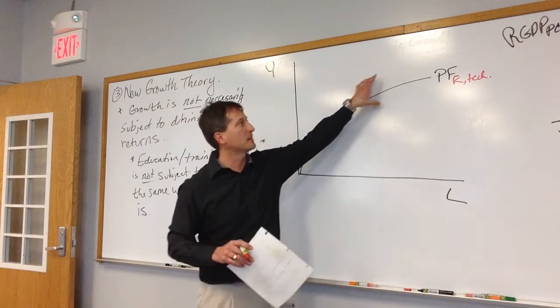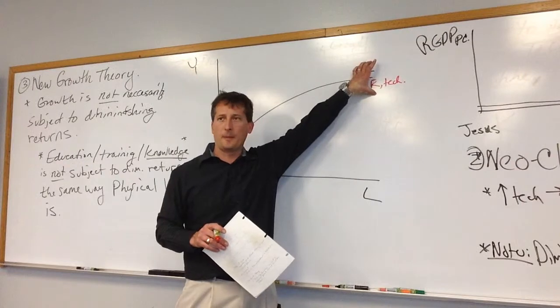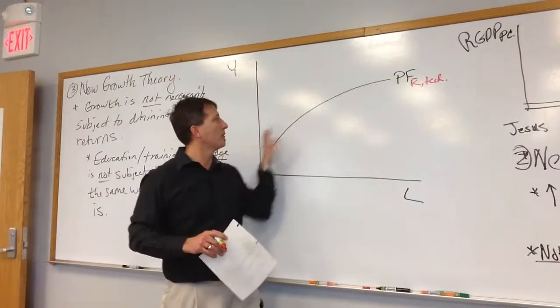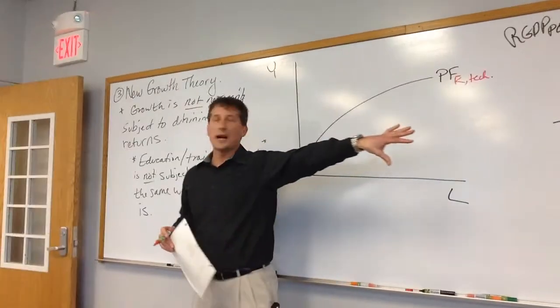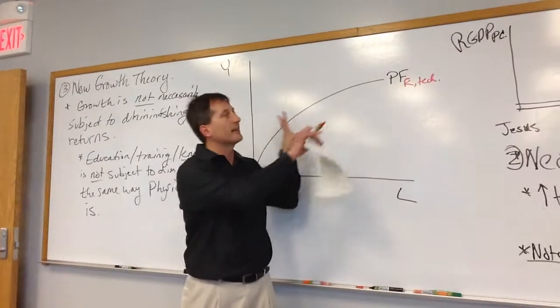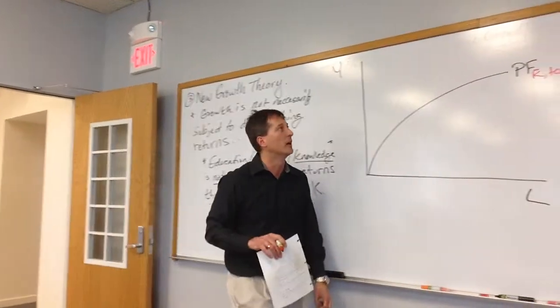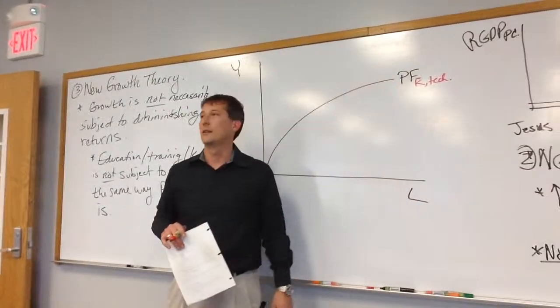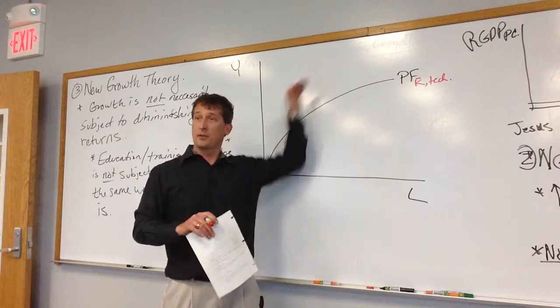So what happens when we have a technological shock or a change in innovation? What happens to this production function? Where does it go from here? How does it move? What do you see happening here? Change in technology and innovation, something new. Surge up, right?